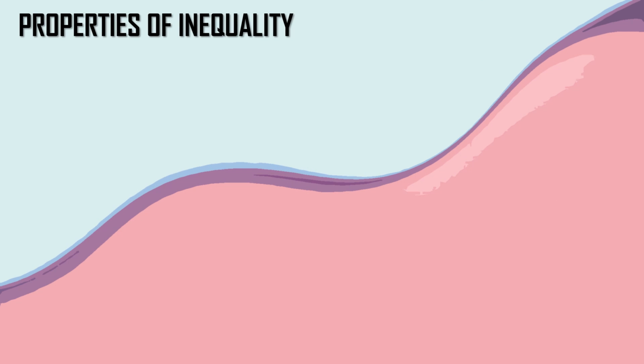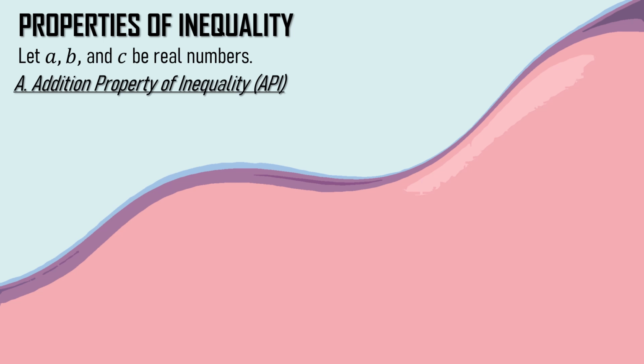Let us now proceed on the properties of inequality. Let A, B, and C are real numbers. First property is the addition property of inequality or API. Kung kanina sa equality or equation that is APE, dito naman, pinalitan lang natin yung E ng I because we are now talking about the inequality.